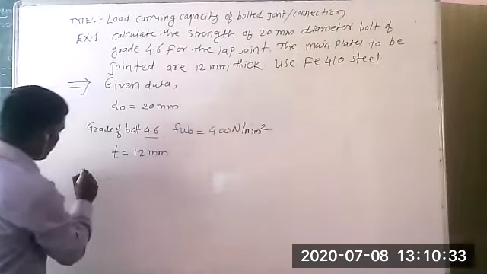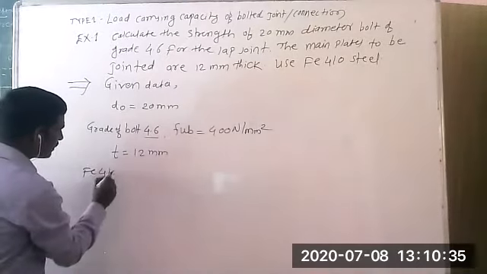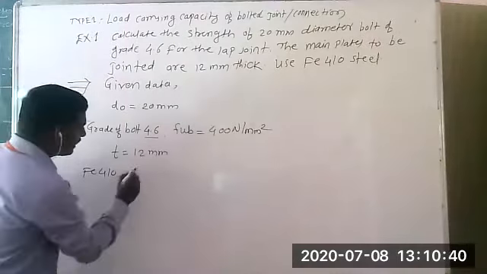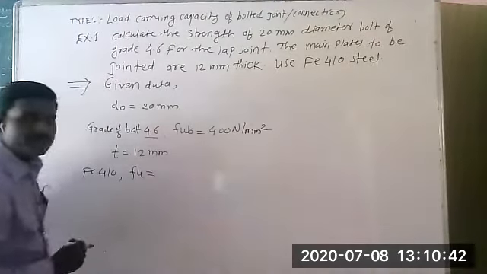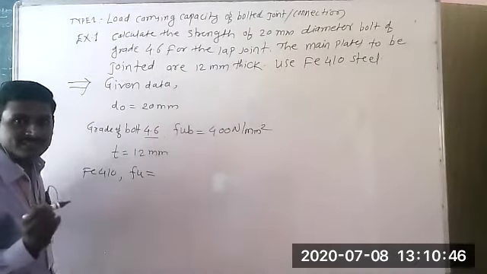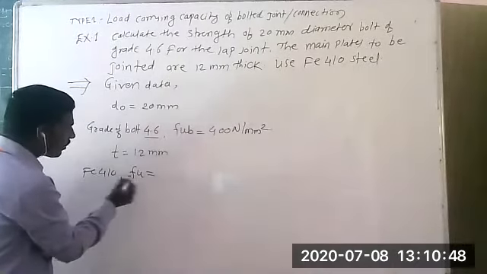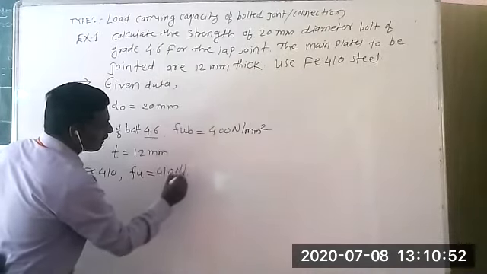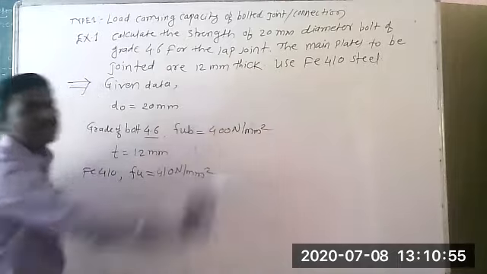So for Fe410 steel, we want FU, the ultimate tensile stress or strength. FU is equal to 410 Newton per mm square. This is the given data.